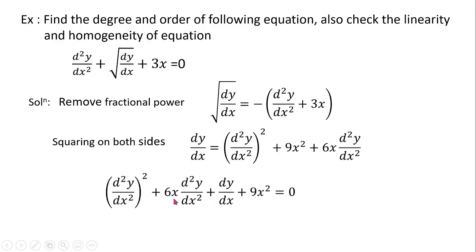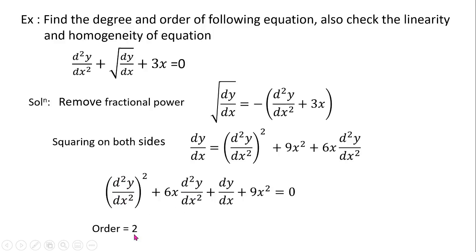Or this equation may be written in standard form like this: [d square y upon dx square] square plus 6x d square y upon dx square plus dy by dx plus 9x square is equal to 0. Then here the highest derivative is of second order.